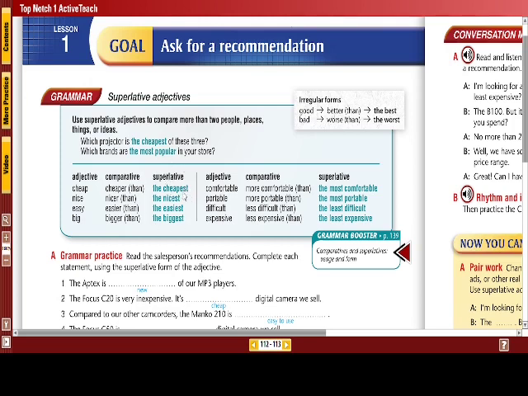For example, the cheapest, the nicest. When adjectives are one or two syllables long, they tend to have this ending, est: the nicest, the easiest, the biggest. And we have the most comfortable for long adjectives. So, for example, the most comfortable or the least difficult. The least is also a superlative.